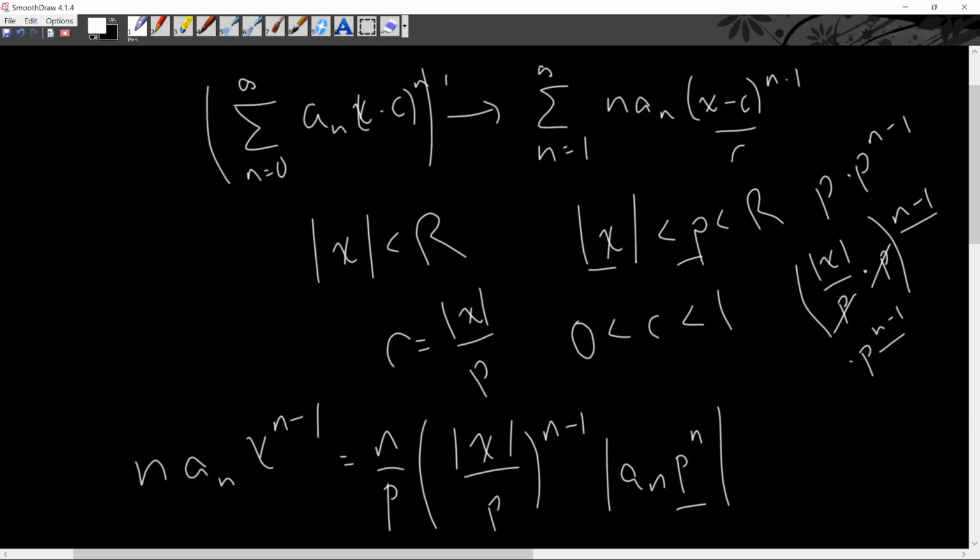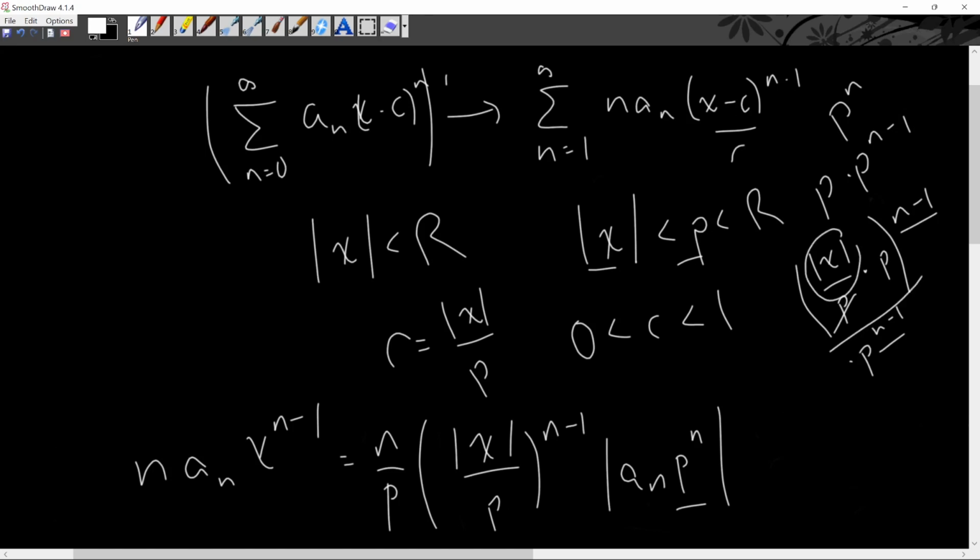So what I'm trying to say is, we are starting with p to the n. And if we take this p to the n and separate it into p times p to the n minus 1, then we can take out the p to the n minus 1 from this little expression here.